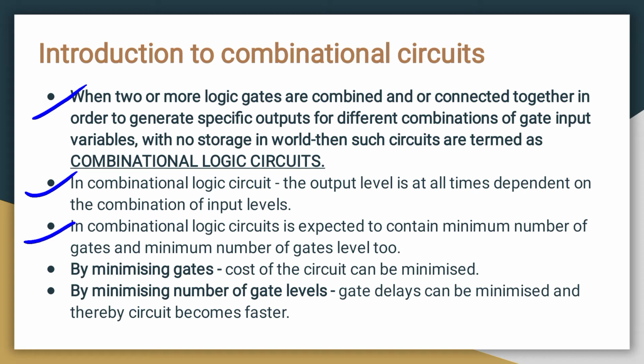Next, a combinational logic circuit is expected to contain a minimum number of gates and a minimum number of gate levels. That means it contains the minimum gates. As I told in the first point, it requires 2 minimum gates and a minimum number of levels.